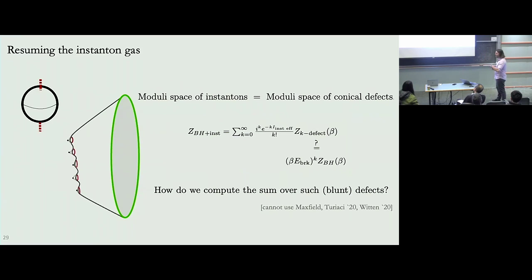The reason is that those volumes are computed by cutting these Riemann surfaces along a closed geodesic, and these geometries actually have no closed geodesics that separate the asymptotic boundary from this gas of defects. We'll see that when we resum these defects, we obtain a slightly different result. It will be close, but slightly different.